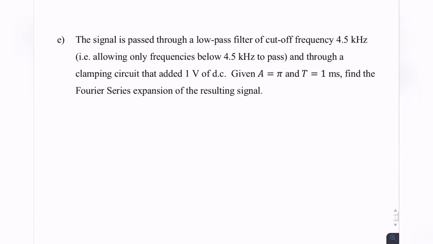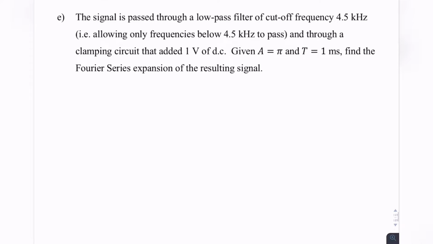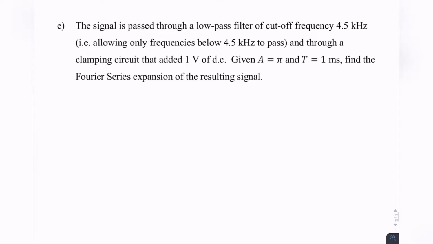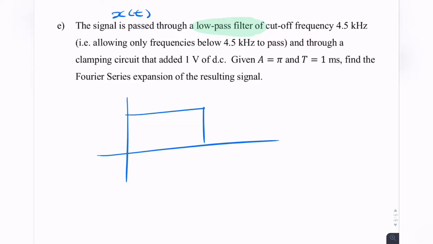The next question says, this same signal, so when it says the signal, it's talking about x of t, the sawtooth waveform. It's passed through a low-pass filter. What does a low-pass filter do? A low-pass filter allows low frequencies to pass and blocks the high frequencies.